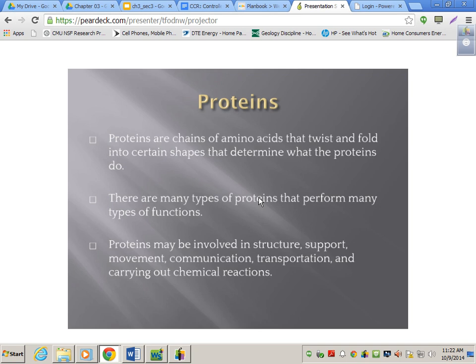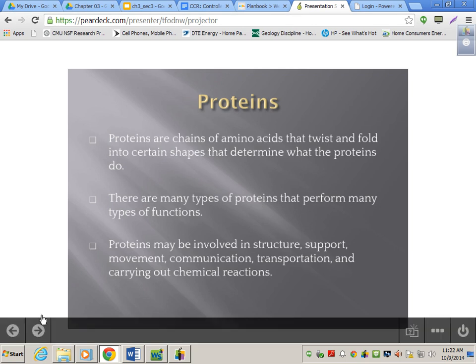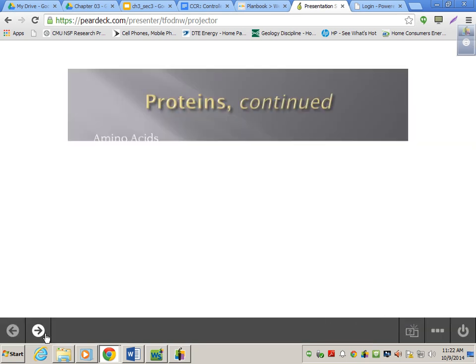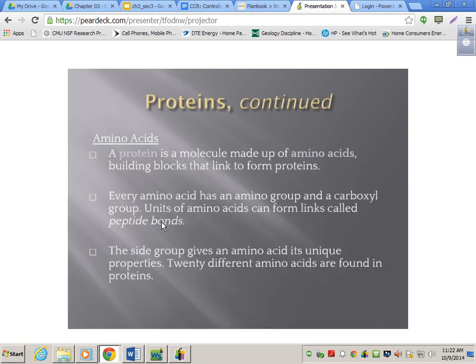That's essentially what I'm trying to tell you here. All of those other biomolecules, lipids, carbohydrates, even DNA is involved in making a protein. So they're made of these small parts called amino acids. Those are the building blocks that link together to form proteins.